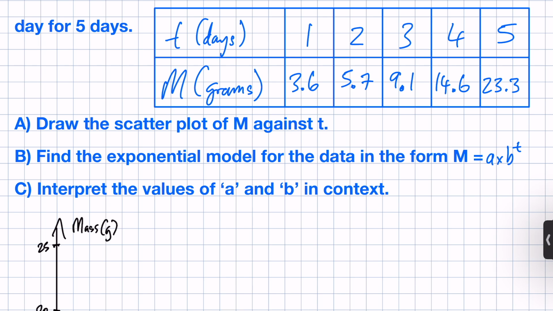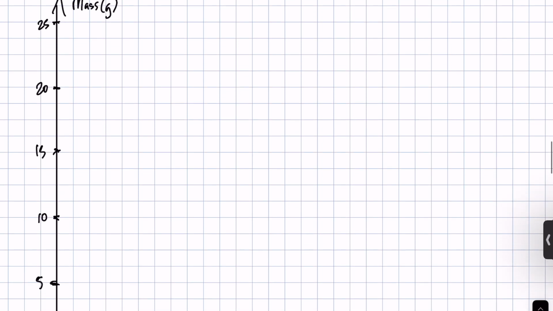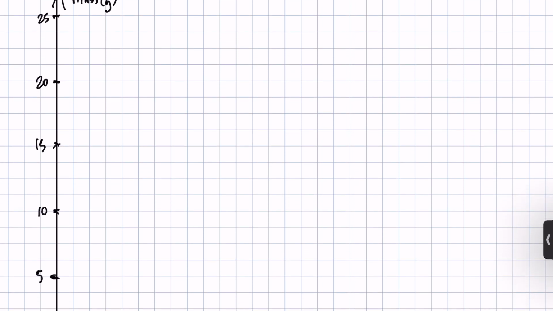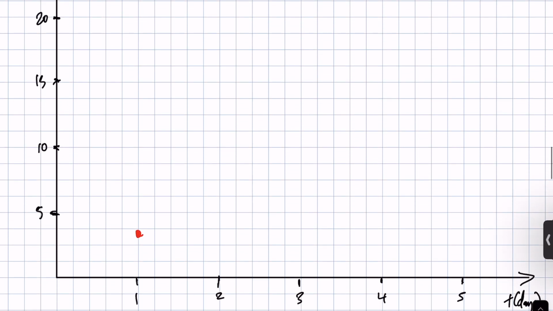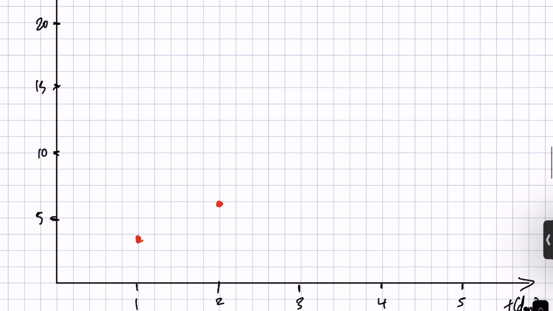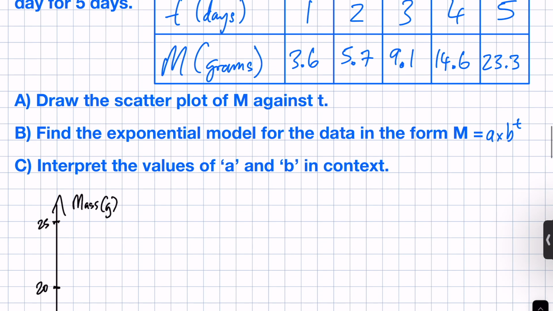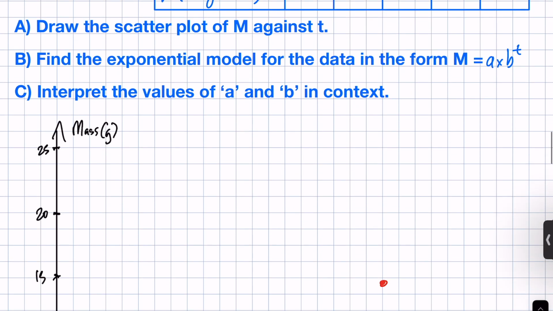Draw a scatter plot of M against T. Can you please draw that scatter plot on your sheet? 1 is 3.6. 1 is going to be somewhere like here. 2, 5.7. 3, 9.1. 4, 14.6. 5, 23.3.